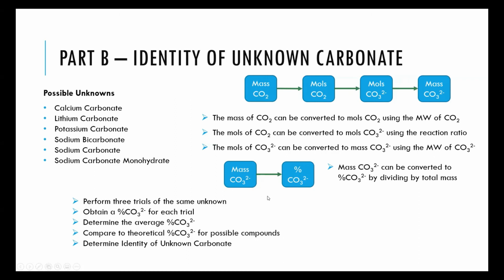You're going to do the whole setup for your unknown 3 different times and calculate 3 percent carbonates based on your 3 trials. When you have those numbers, you can average them and compare that to the theoretical percent carbonate to identify the identity of your unknown.